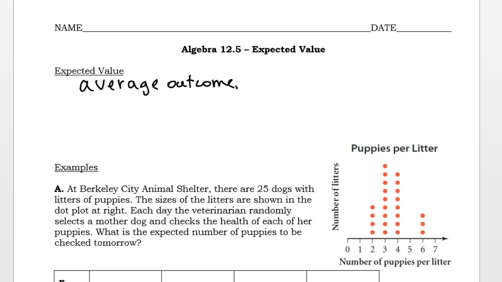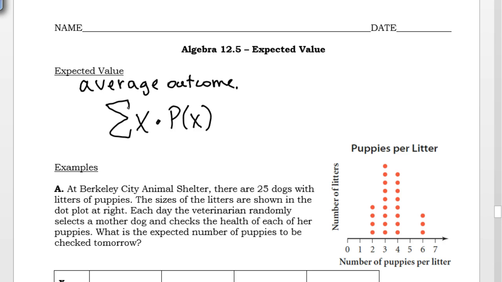But the way that we do this is we have the value of the outcome and we multiply it by the probability of that outcome, and then we add together all of those answers.